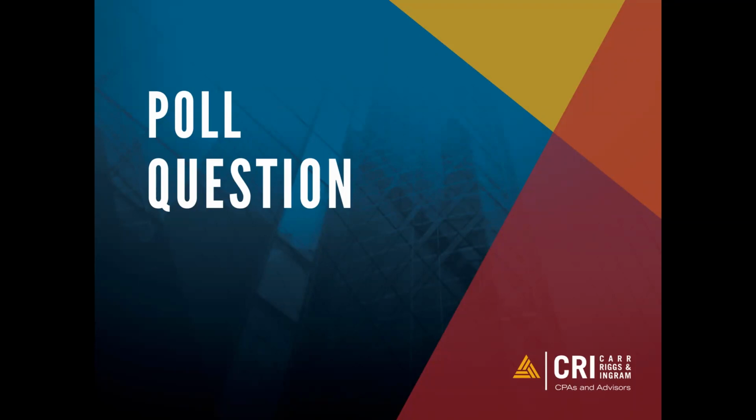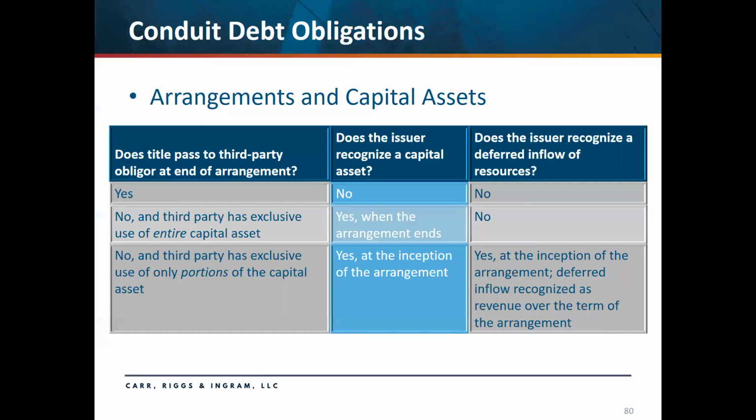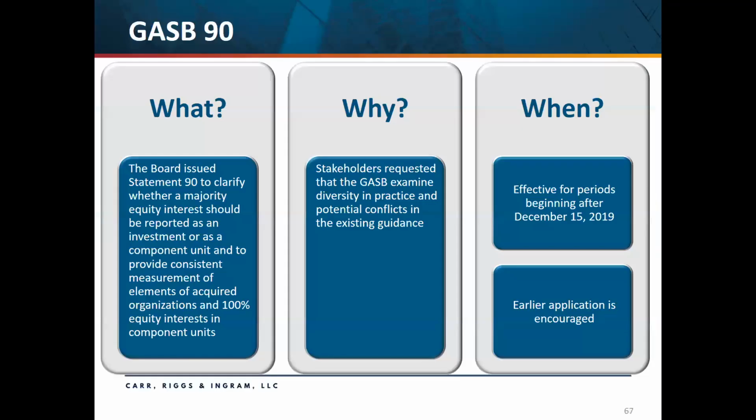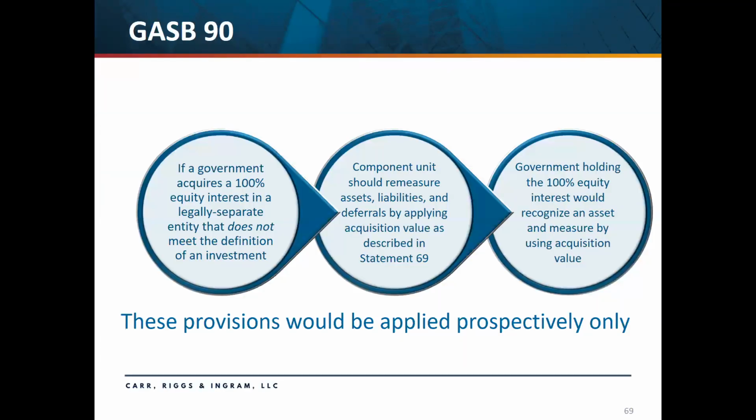So I think we had gone through before, and just kind of to run back to the slide that addressed it real quick. If a component unit, if we determine that it's not an investment, the component unit should then remeasure its assets, liabilities, and deferrals by applying acquisition value as described in 69. So we need to make sure that we're doing that based on 69 and not based on 72. And just a quick little recap, and with that, we can jump to the next polling question.